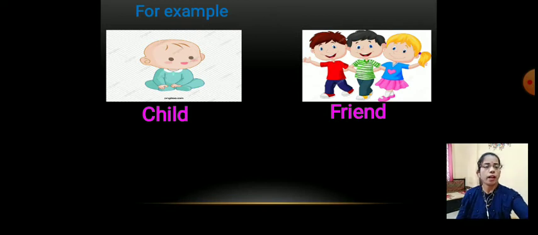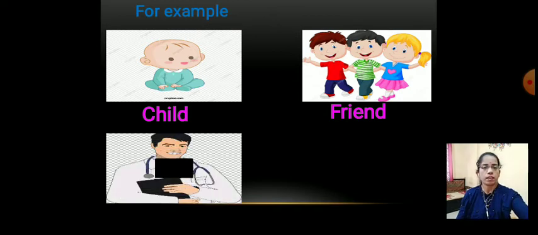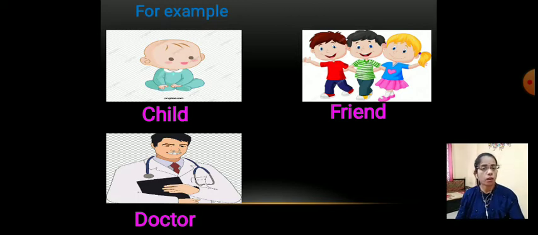So, friend is the common gender. Next one, doctor. In the word doctor, both male and female are included. It means there is a lady doctor also and a gents doctor also. So doctor is included in the common gender.